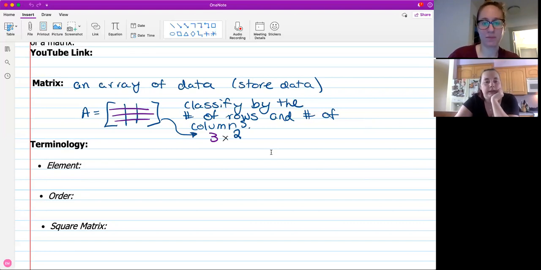So that is a 3x2 matrix. Rows have to come first, and for some other things we're going to do later on, you have to know which is which. So whatever you have to do to remember, do that. If you have a good tip, let other people know too.